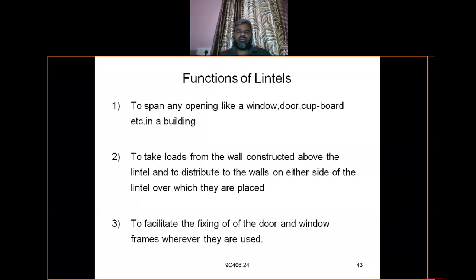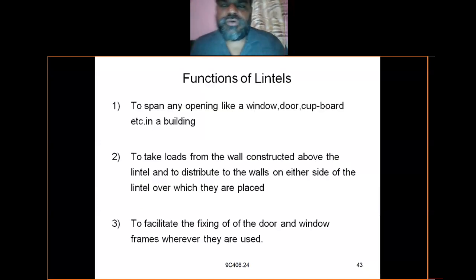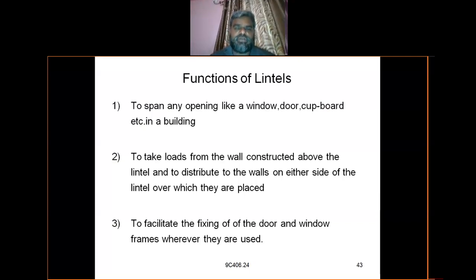Functions of lintels are very important. To span any opening like a window, door, cupboard, etc. To take the loads from the wall constructed above the lintel and distribute them to the walls on either side of the lintel over which they are placed, and to facilitate the fixing of the door and window frame.